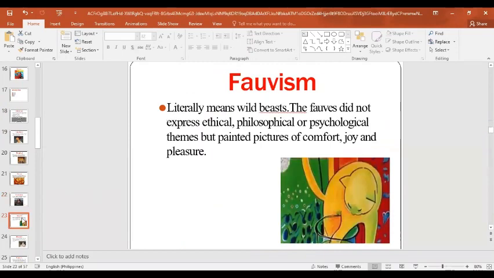Next, we have Fauvism. So when we talk about Fauvism, this subject presentation began in France and was the first organized movement in painting of the 1900s. So yung leader ng Fauvism ay si Henri Matisse.